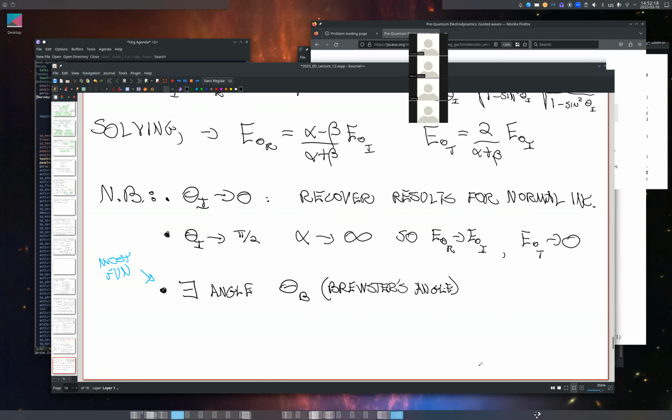I don't actually know anything about the personal life of Brewster. But anyway, he found that angle one day at the pub and became famous. So at this angle, the reflected wave amplitude vanishes.